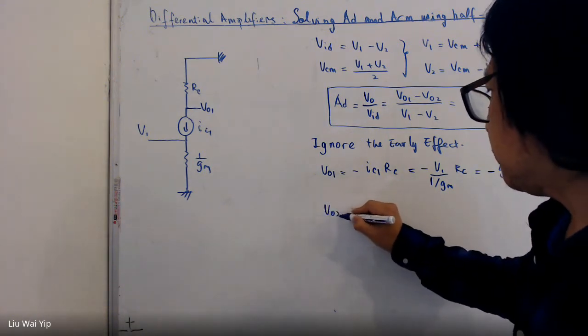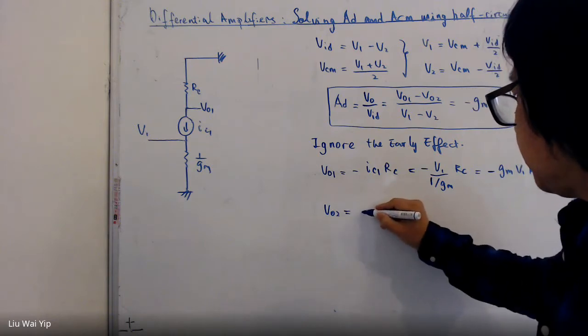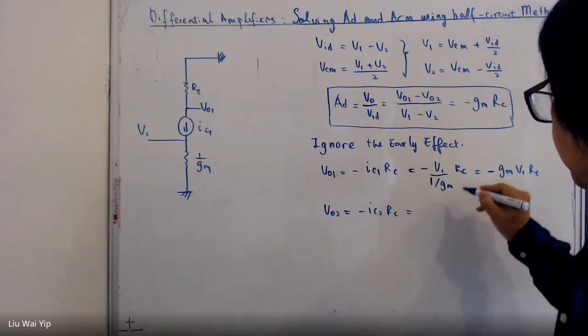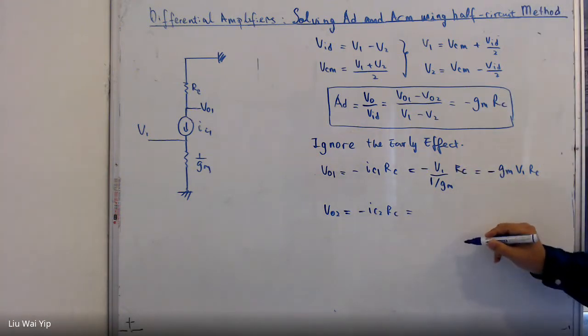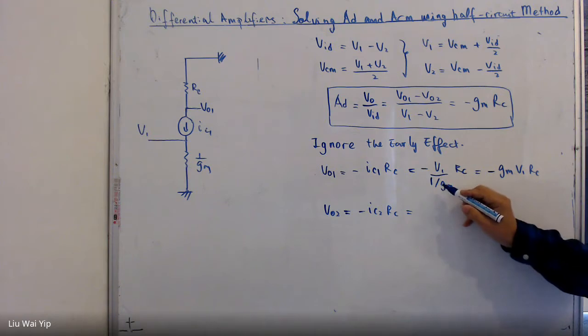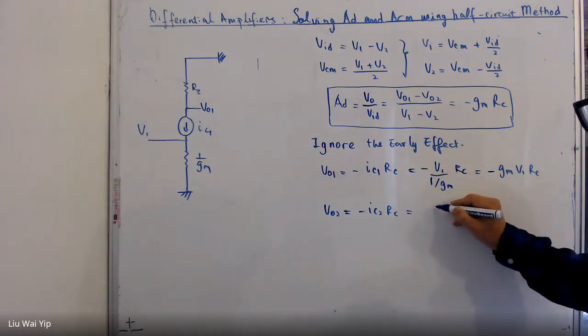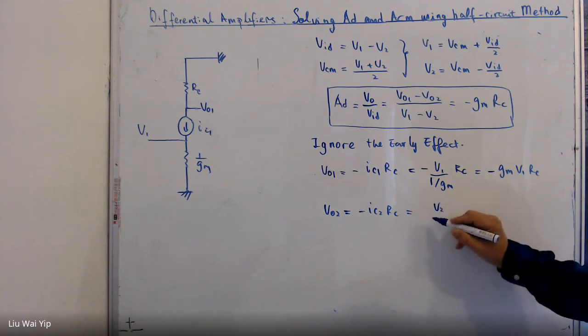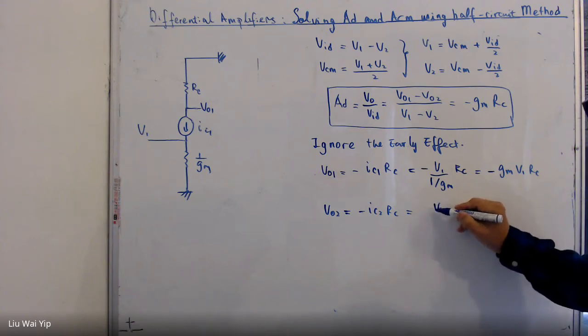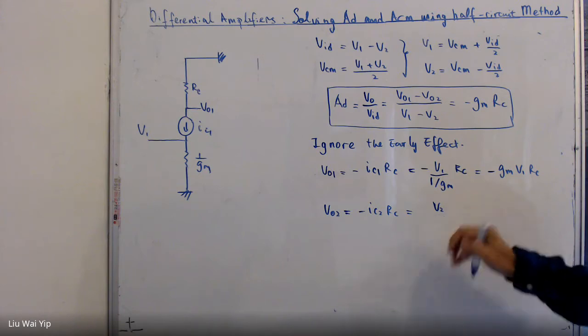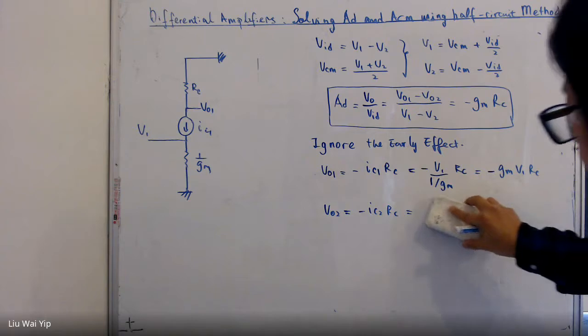And similarly, you can also get VO2 as minus IC2 RC, and we will have V2. We haven't finished here yet.